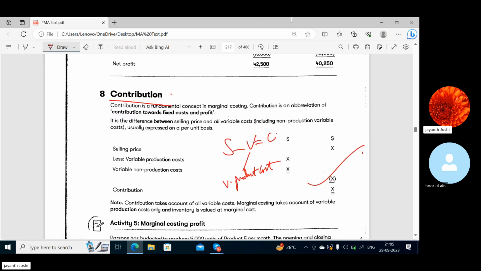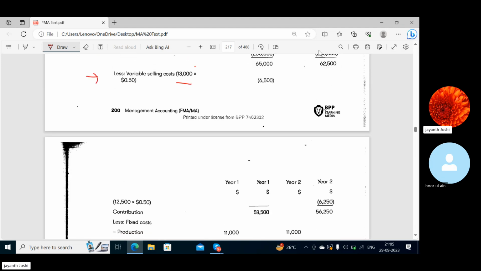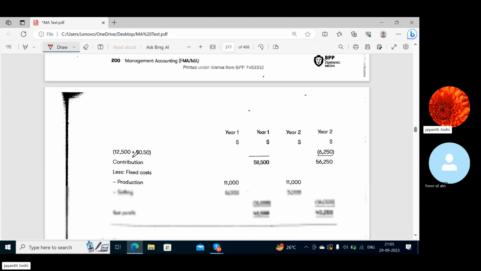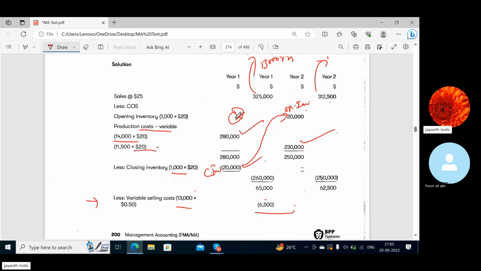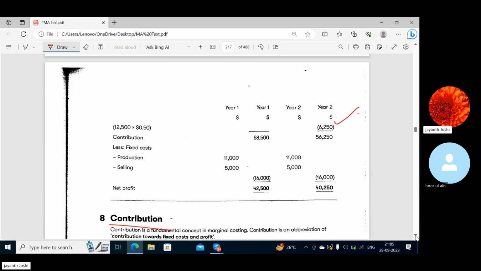So it will be exactly half: 6,500 and 6,250. And then when we calculate everything from the beginning, we add and subtract as required. This 325 minus 260, we got 65, minus 65, and we got 58,500, and there also we got this.